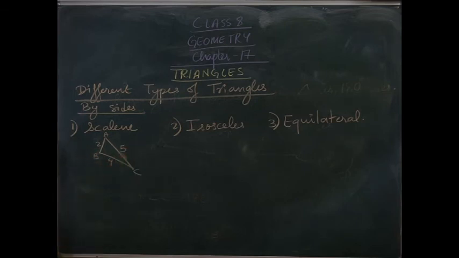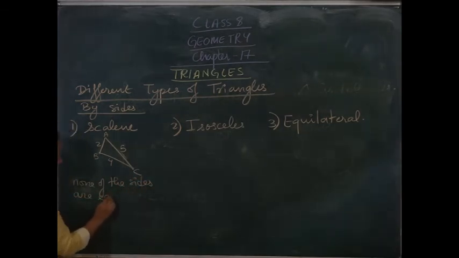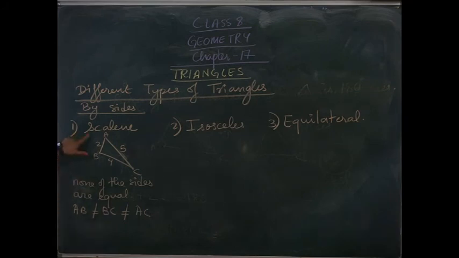So none of the sides are equal. That means AB is not equal to BC and BC is also not equal to AC. So when none of the sides are equal, we call that triangle a scalene triangle.